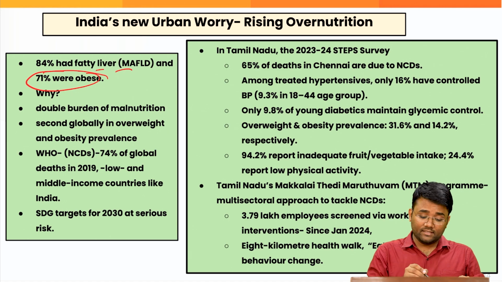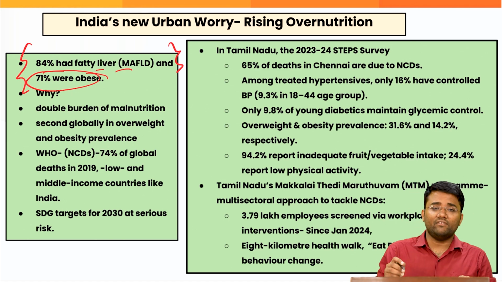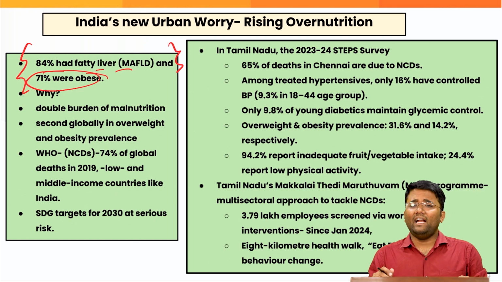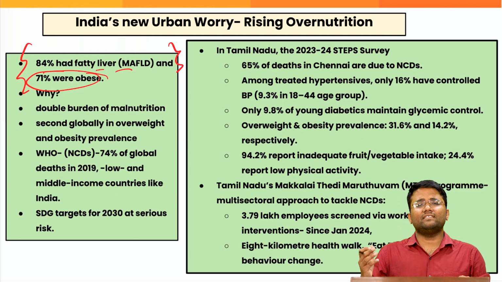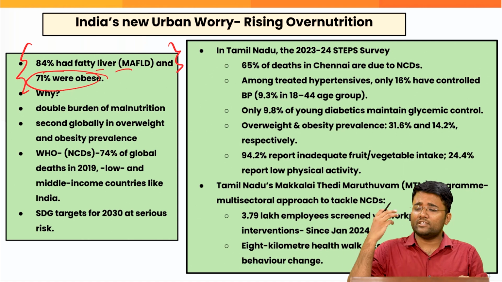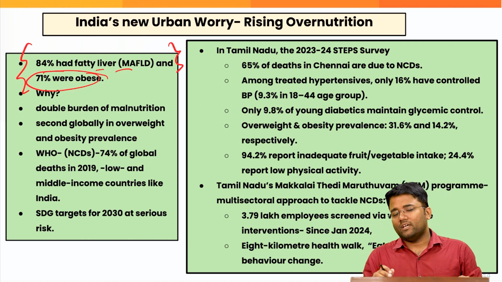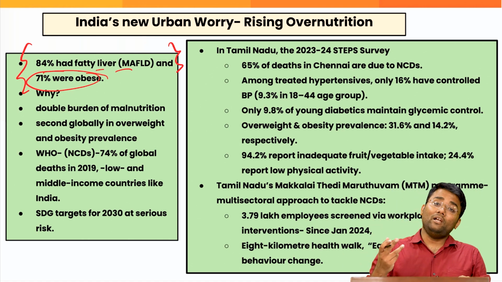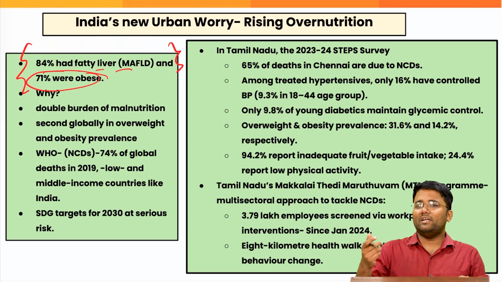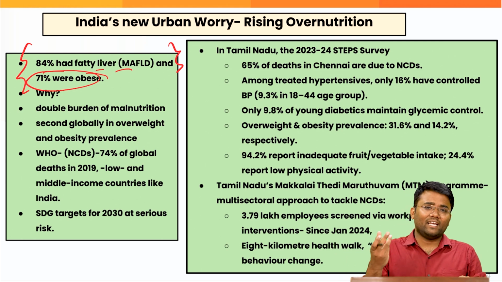And why there is so much prevalence of fatty liver disease and obesity is because they have a sedentary lifestyle and do not do physical activities. They are just sitting on their chairs in their cubicles, coding or doing anything related to their work. Apart from that, there is high salt intake because of the high sodium and salt in the processed foods they consume, because they do not have time to even cook.